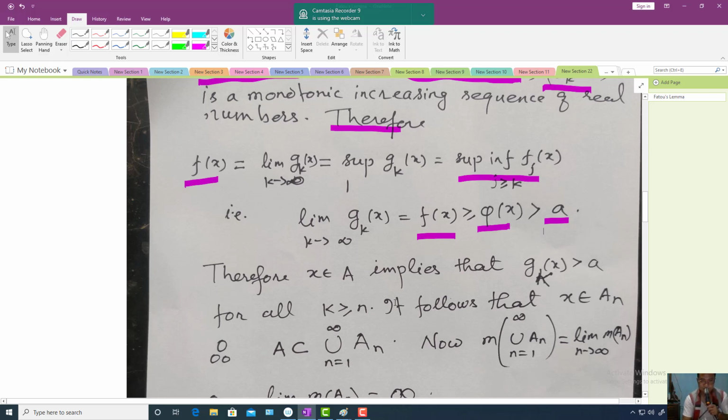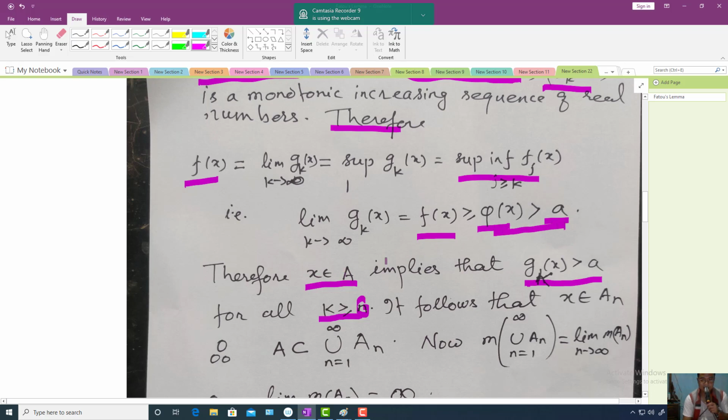So therefore, x is a member of capital A implies that g_k(x) is greater than a for some n, for all k greater than or equal to n. After some stage, when k is greater than or equal to n, all right, because the limit as k tends to infinity of g_k(x) is equal to f of x, but this f of x is greater than or equal to phi of x, and phi of x is greater than a.